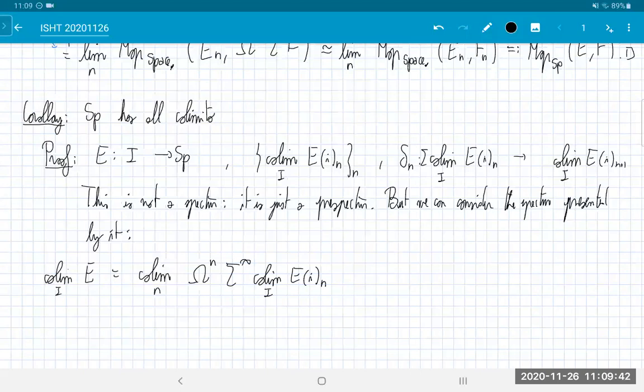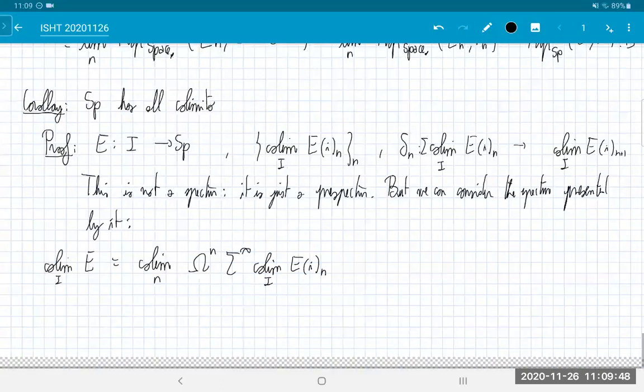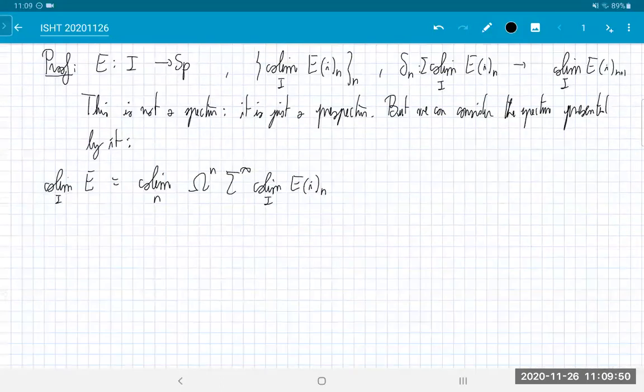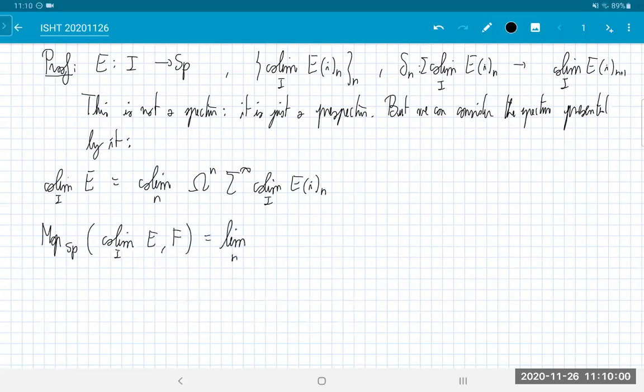And now you just need to show that it does satisfy indeed the universal property of the colimit. And that's again going a little bit faster than before because it's the same proof.